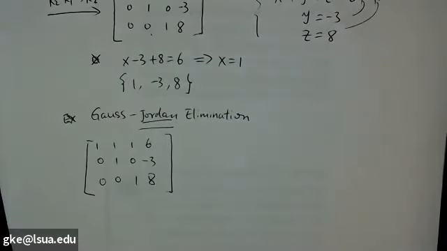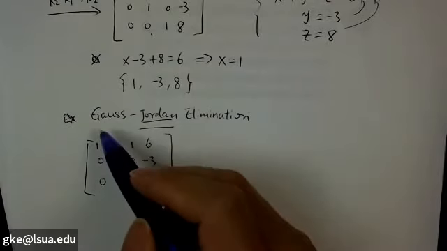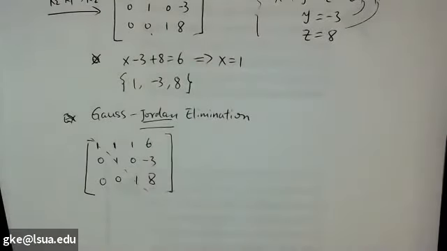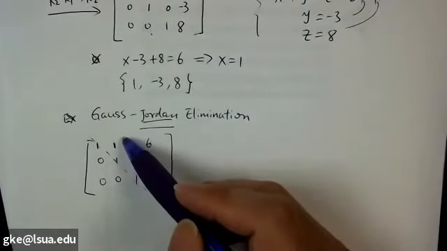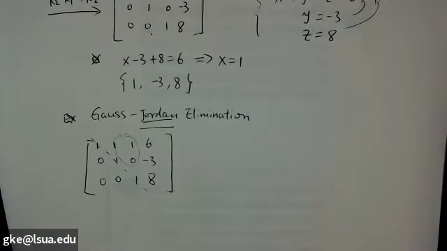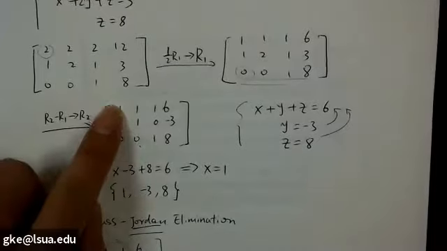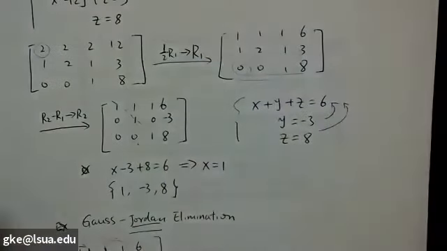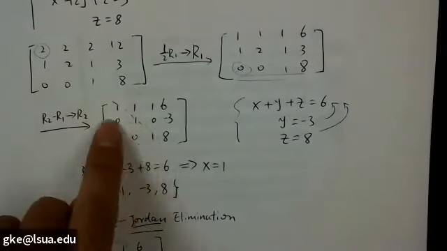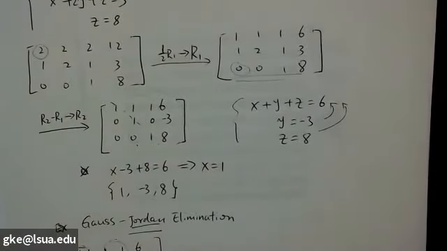How to do it? We want to eliminate the elements above the diagonal, making them equal 0. That's our goal. For the Gaussian elimination, our goal is the elements below the diagonal equal 0, and we keep the diagonal elements equal to 1.